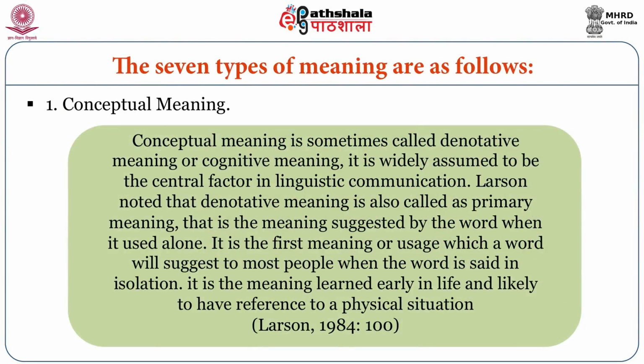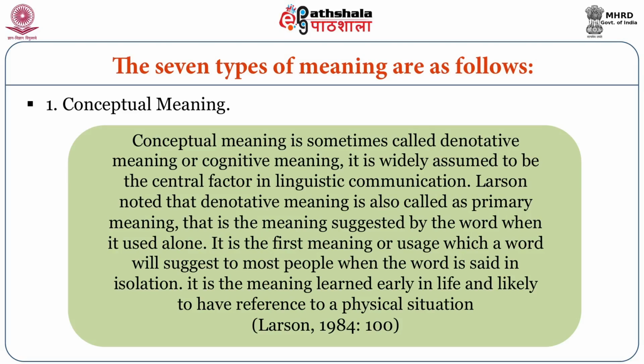Number 1 is conceptual meaning. Conceptual meaning is sometimes called denotative meaning or cognitive meaning. It is widely assumed to be the central factor in linguistic communication. Larson noted that denotative meaning is also called primary meaning, that is the meaning suggested by the word when it is used alone.